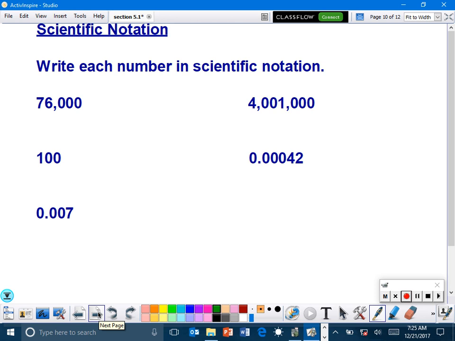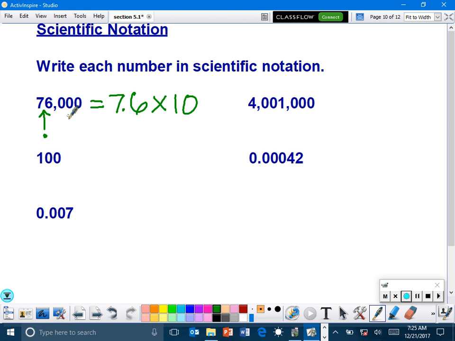Scientific notation. Now remember, when we do scientific notation, we want the first number to be somewhere between 1 but less than 10. So like this problem here, we're going to want to put the decimal between the 7 and the 6. So we would write 7.6 times 10.